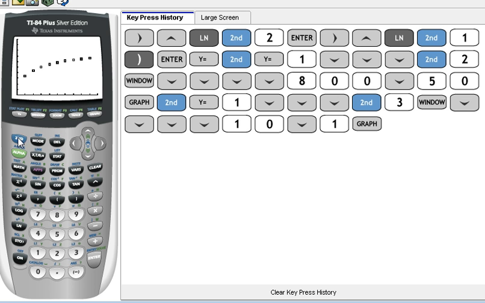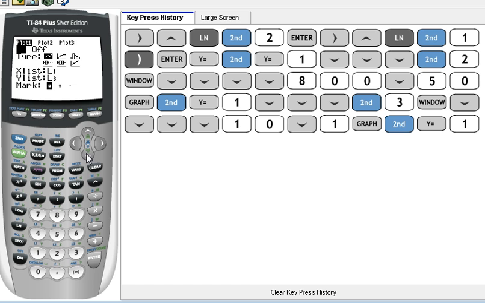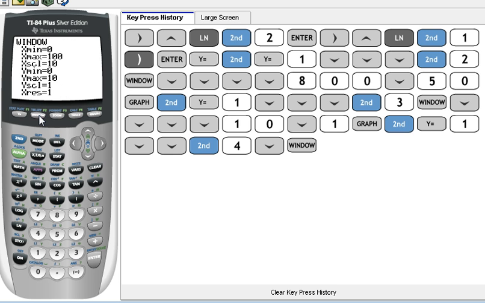So we do second y equals again and go back and choose plot 1. This time our plot is going to be L4, so I press second 4 versus L3, which you might already have there. Otherwise, enter second 3 there. Go back to the window.